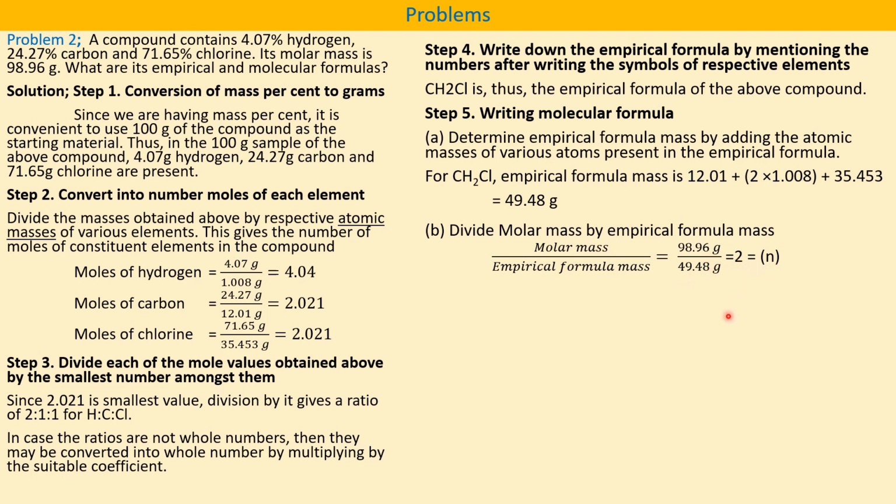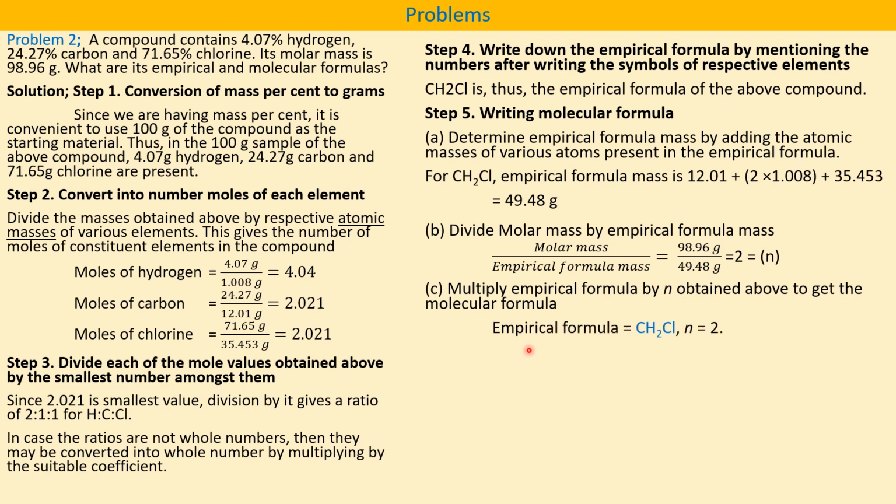That is, n is equal to 2. Multiply the empirical formula by n obtained above to get the molecular formula. So the empirical formula was CH2Cl with n equal to 2. Therefore, the molecular formula is C2H4Cl2.